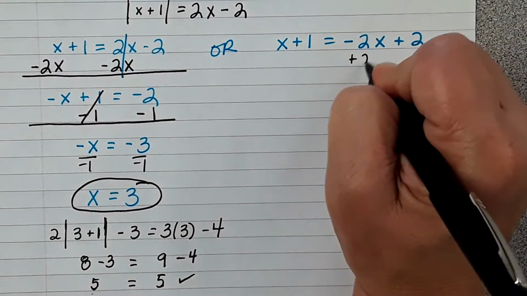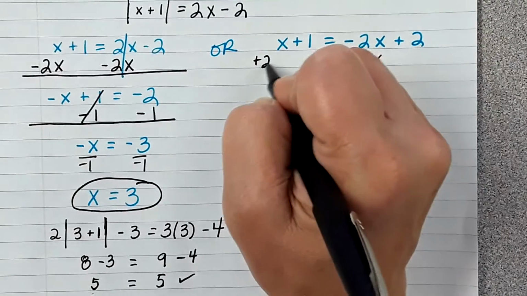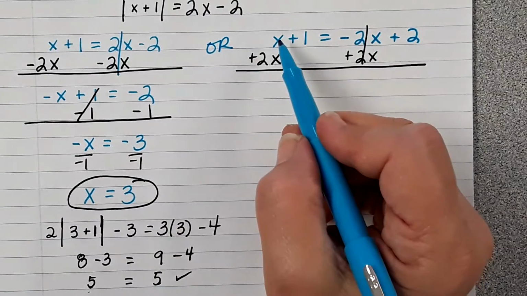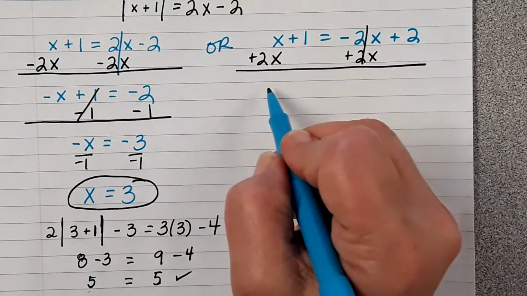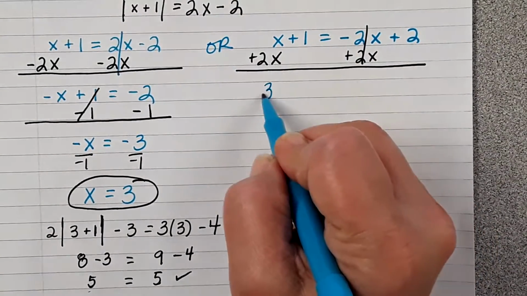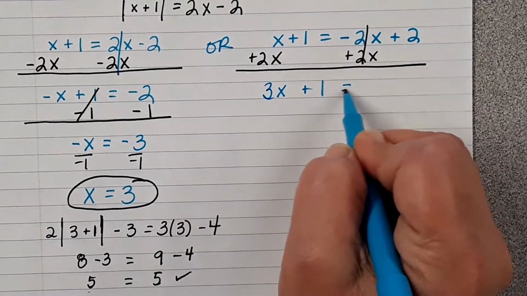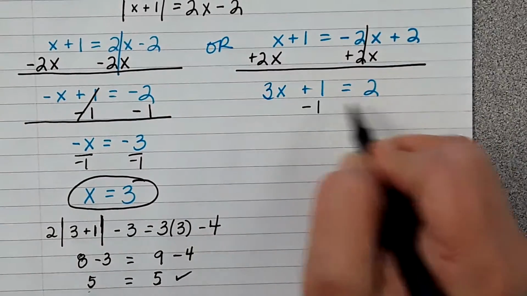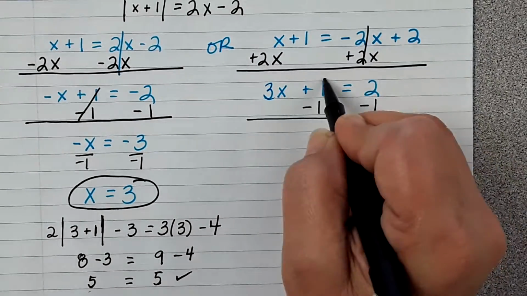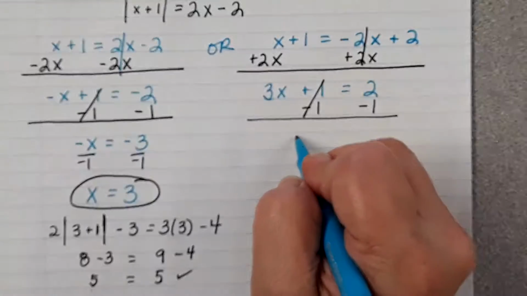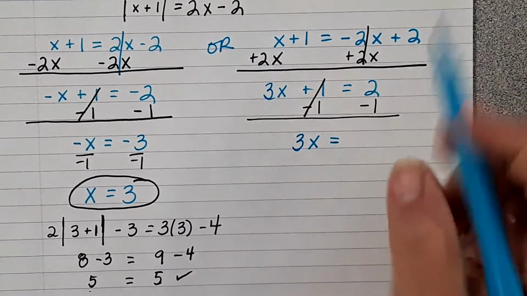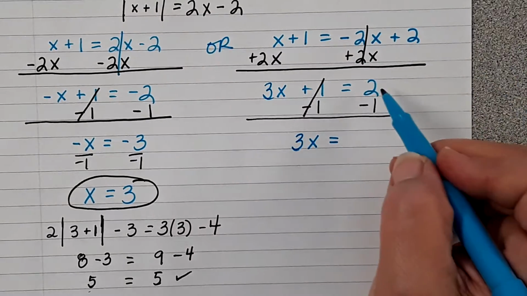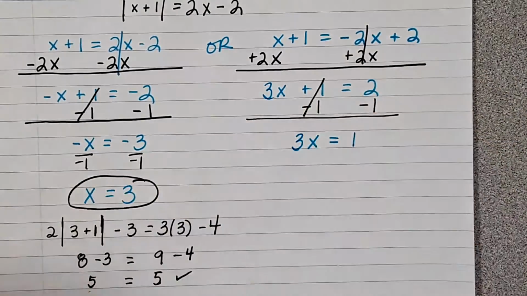I'm going to add 2x to both sides. What is x plus 2x? So I need to get rid of the 1, so I subtract 1 from both sides. 2 minus 1 is 1.